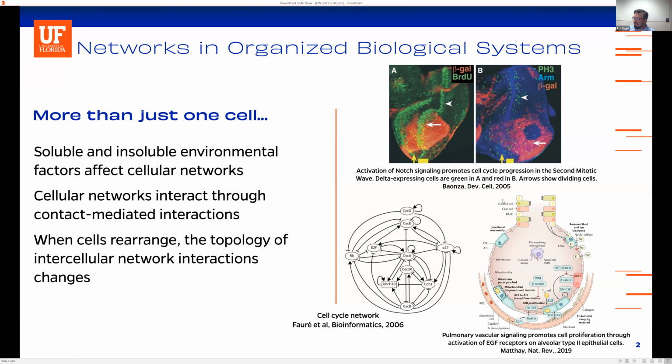And there are a couple of visuals shown here on my screen to help give you a sense of that. So this is here in the top right. This is imaging from the second mitotic wave in Drosophila. And in particular, we're looking at this classic spatial patterning of delta notch signaling.